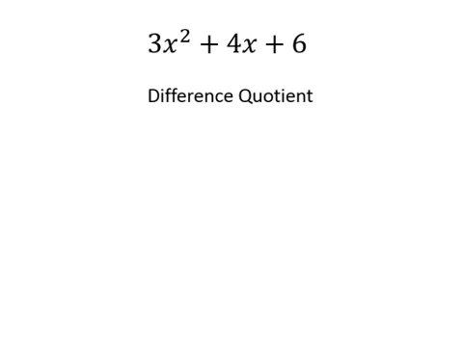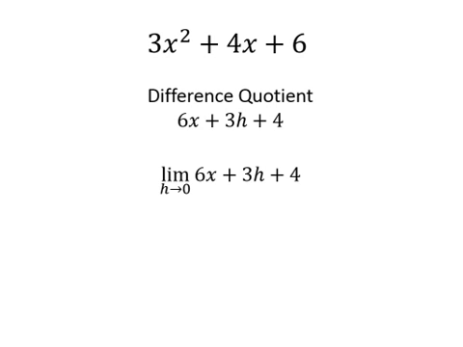So here's that one equation that we had at the beginning. We used the difference quotient, and we ended up with 6x plus 3h plus 4. That was our difference quotient, from the first slide. Now we're going to attach a limit as h approaches 0 of this function. So if h approaches 0, we plug 0 into just the h's, not the x.